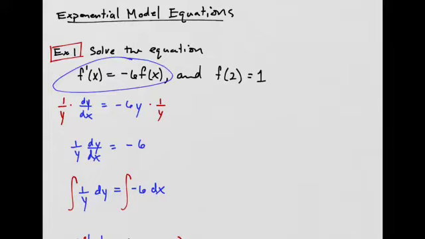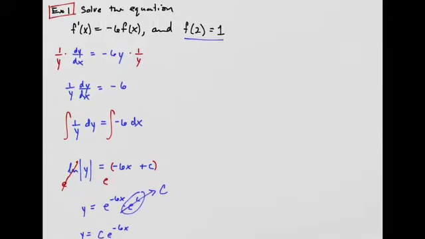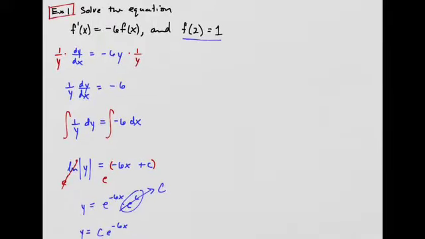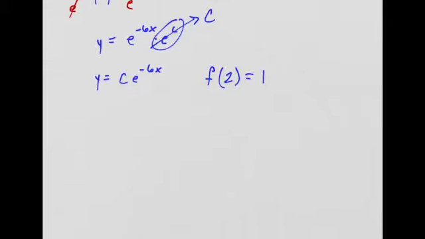However, we have initial conditions that I'm going to use. Those initial conditions are f of 2 equals 1. So when I plug in 2 for x, I get out 1 for my y.